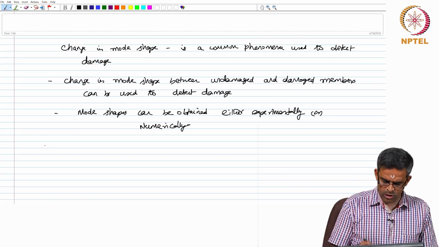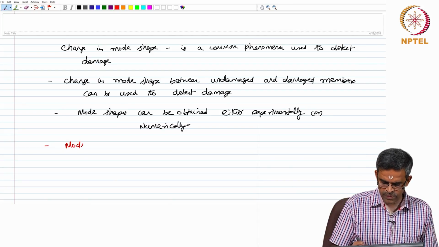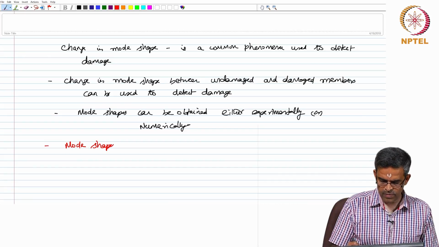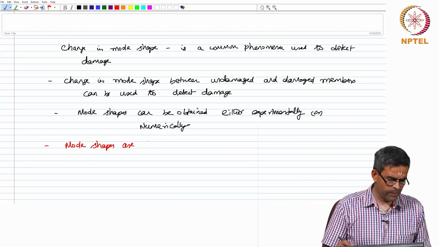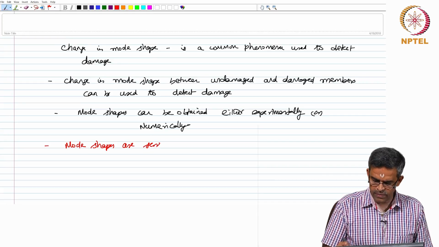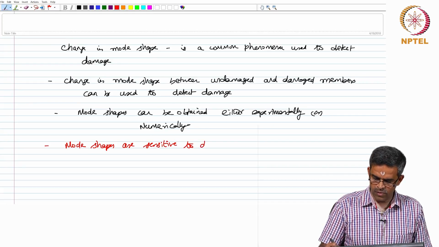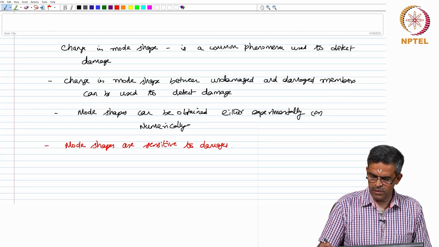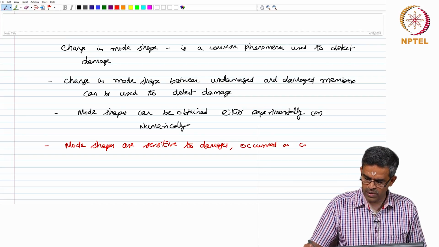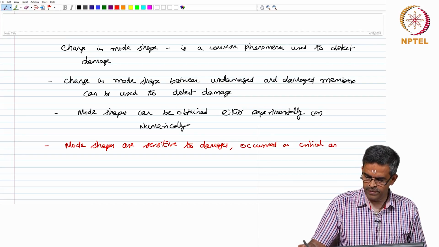Very interestingly, one should understand that mode shapes are sensitive to damages occurred on critical areas.